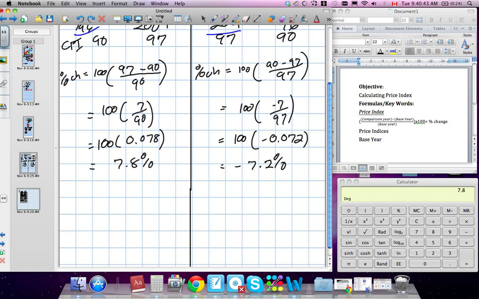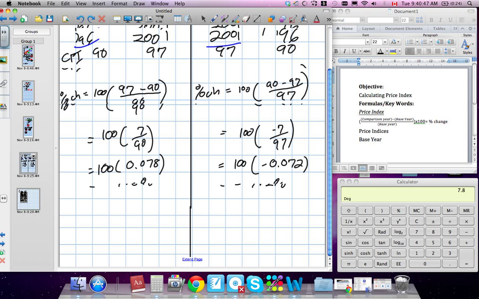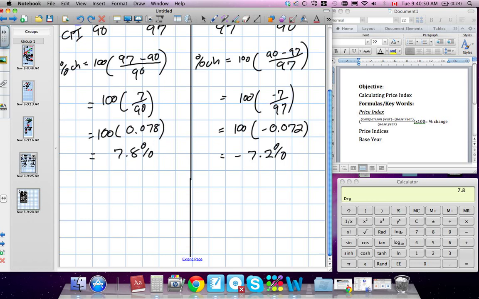So in our first example, we used base year 1996. So from the year 1996, and we're going to say in brackets base year 1996, we had a percentage of 77.8% increase in the CPI.